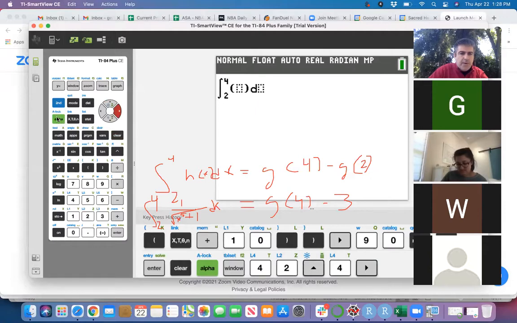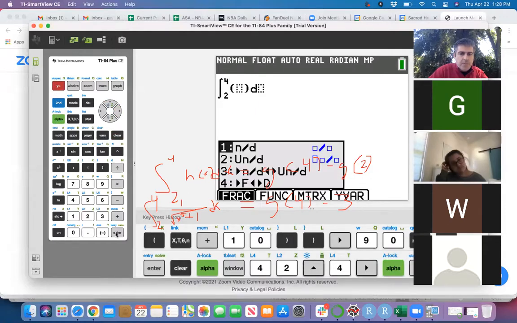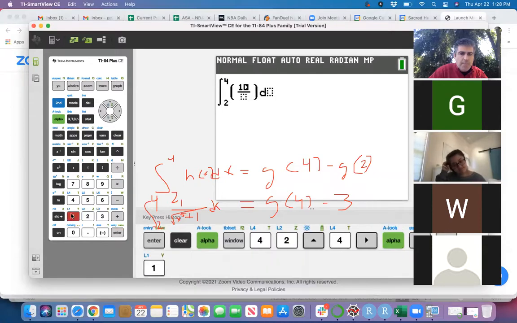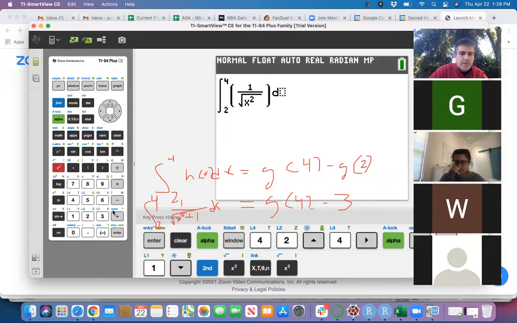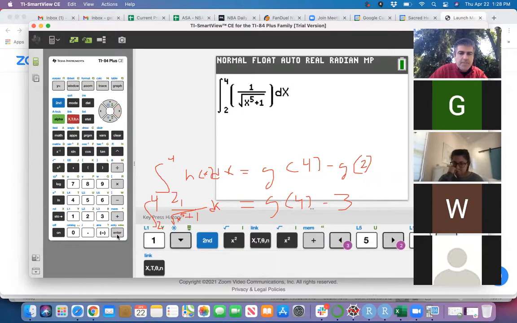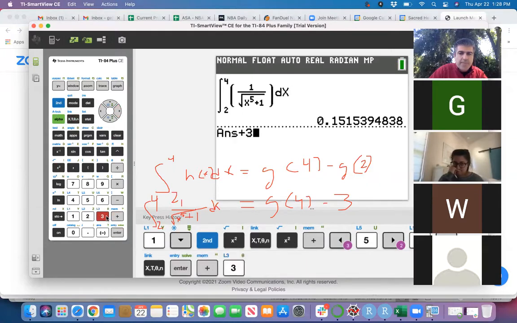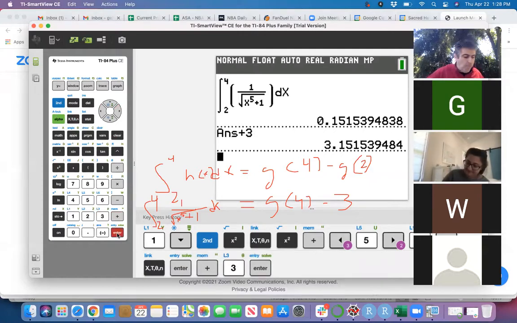And you could do the fraction part, alpha y equals, option 1, 1 up top, down below root x to the 5th power plus 1, dx. You get that, and then you're going to add 3 to it to get g of 4. And that's answer D, number 5.